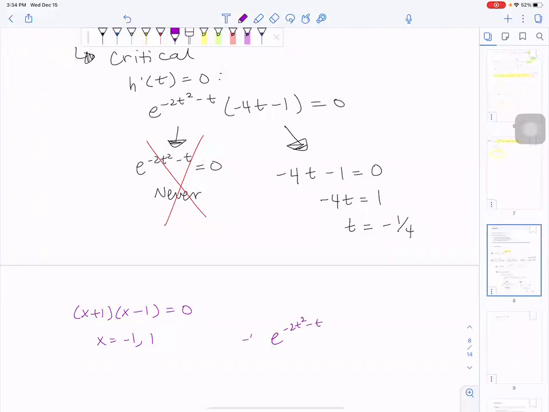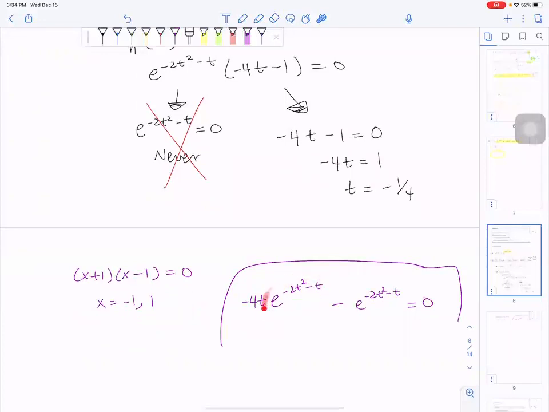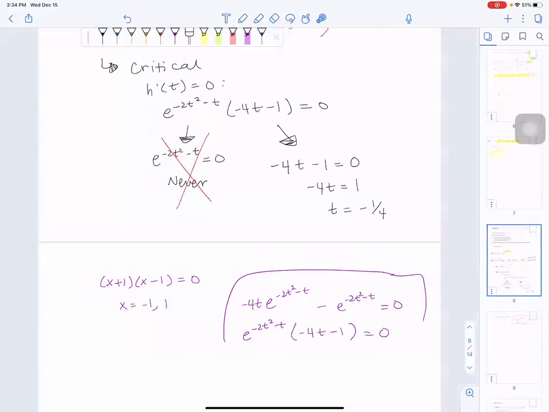If you were given this thing in purple as your derivative, you should immediately think, oh, this first term has an e to the this, this second term also has an e to the this. That's good, so we can factor that out like so, and then you can find your critical points. So if you ever see terms that have something similar, you want to think about factoring that out.